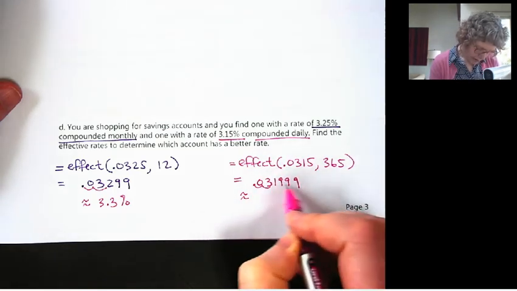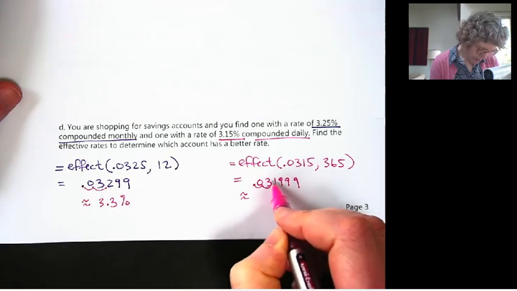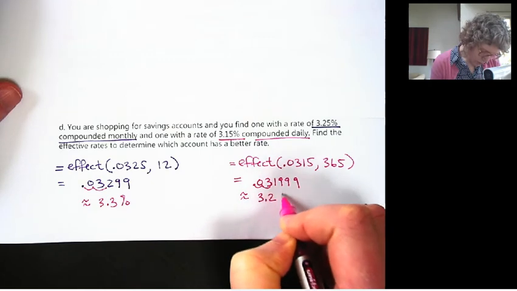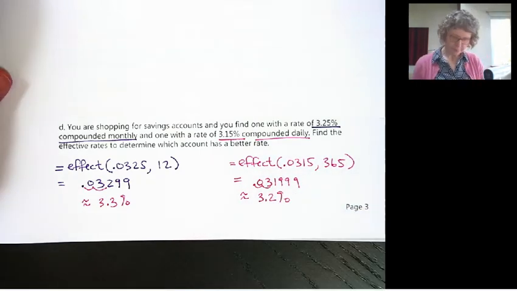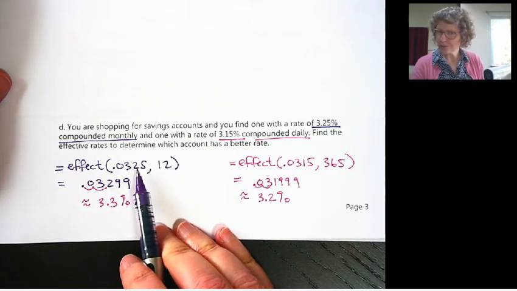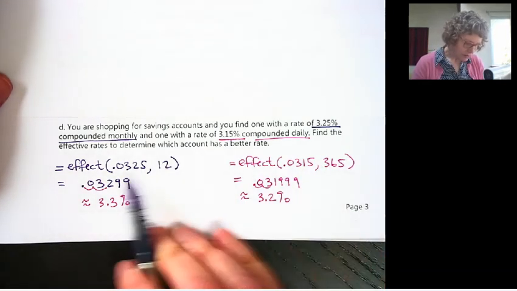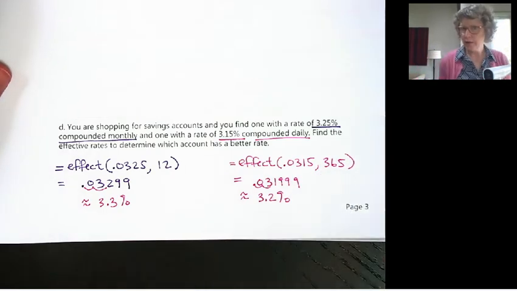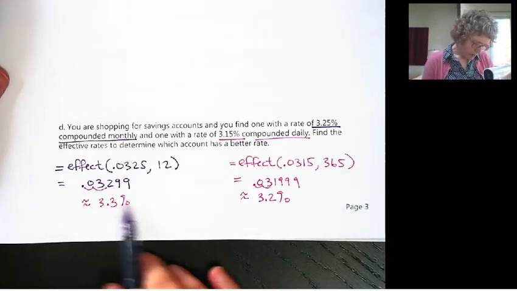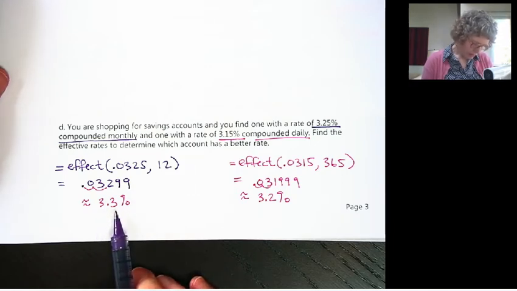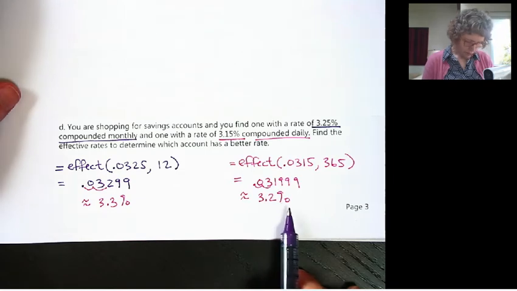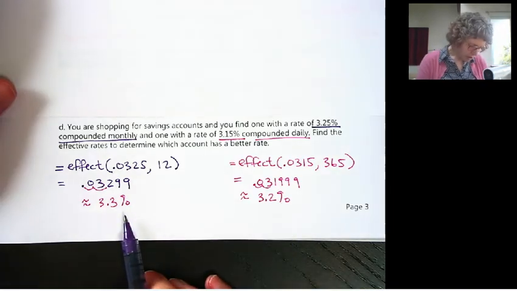If we round anywhere out here, it's going to bump everything up and change that to a 2. So this is effectively 3.2%. Interesting, huh? So the higher interest rate generally does rule, but if these are closer, then the compounding might win out. This one, compounded monthly, will give you an effective rate of 3.3%. The compounded daily gives you an effective rate of 3.2%. So this one is better.